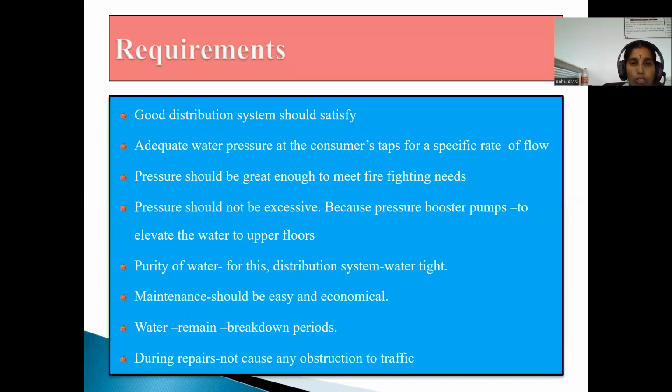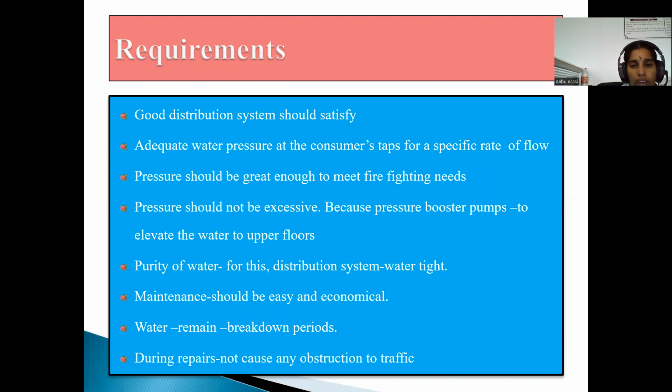Requirements of water distribution system. It should have the capacity to supply the water with adequate pressure. A good distribution system should satisfy the following. Pressure should be great enough to meet firefighting needs.